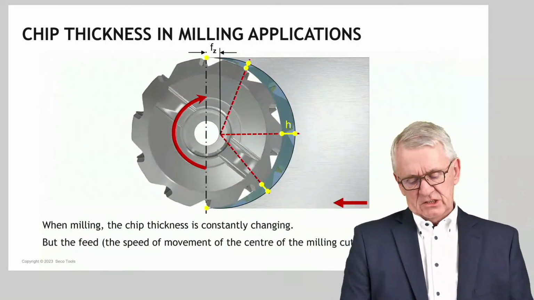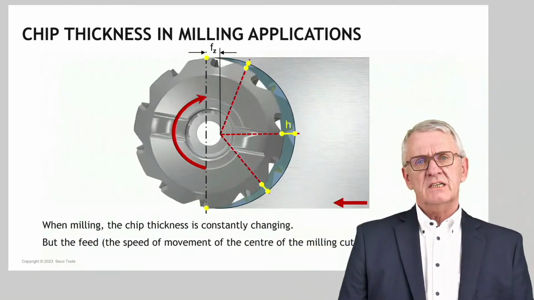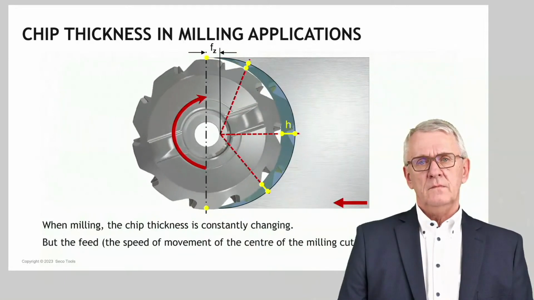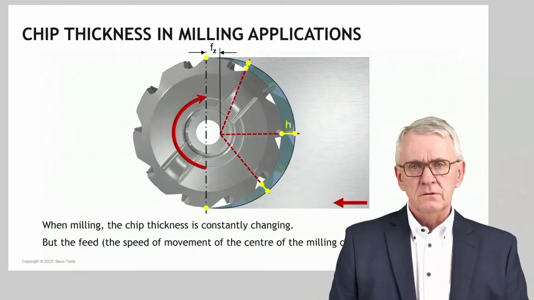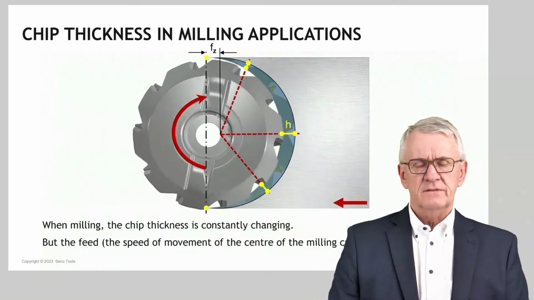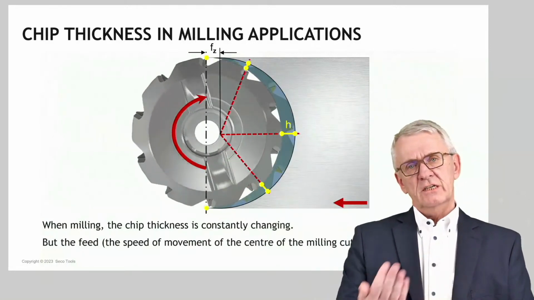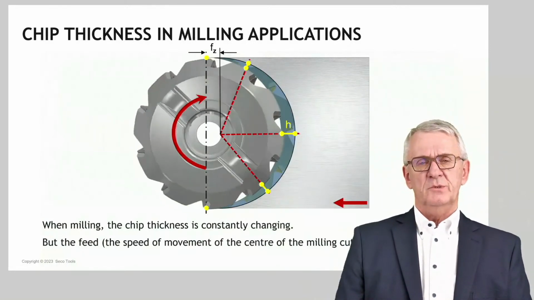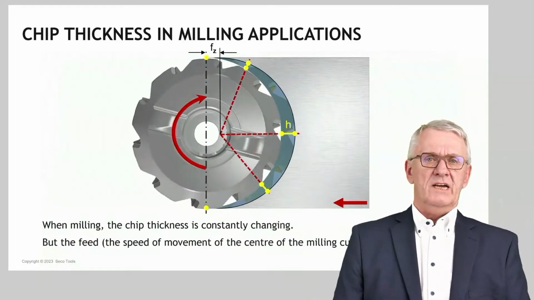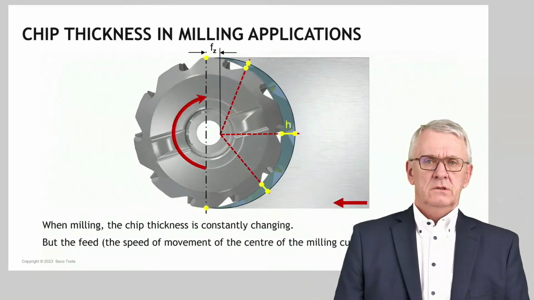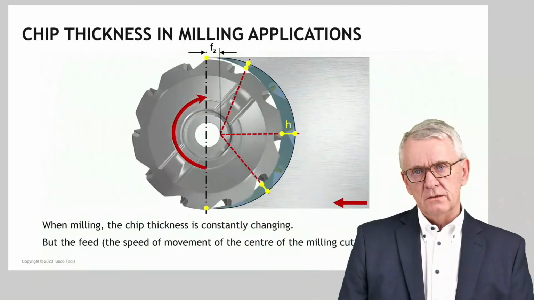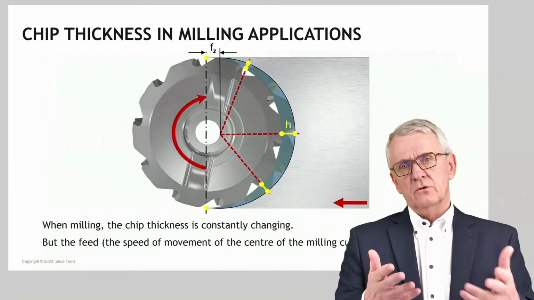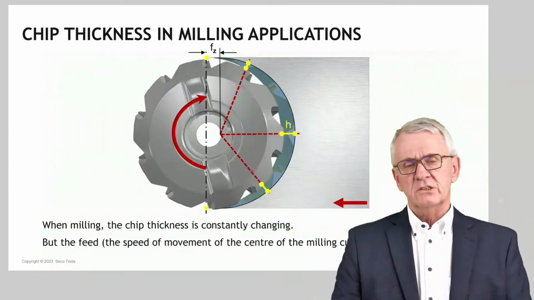Well, in such a case, the thickness of a chip starts at 0, which could be too thin, think heat and so on. As the milling cutter continues rotating, the thickness of the chip is going up. It reaches somewhere a maximum value, which is perhaps too big. Think of mechanical loads and breaking and stuff like that.